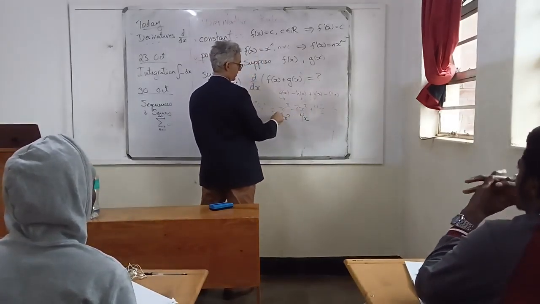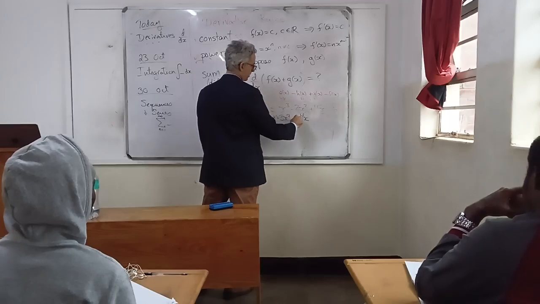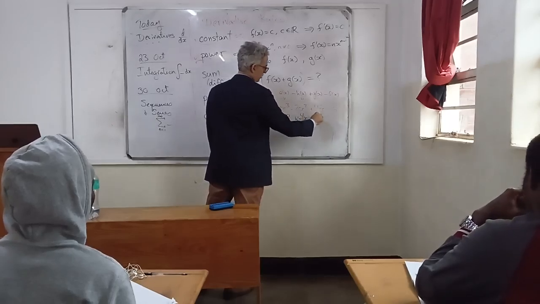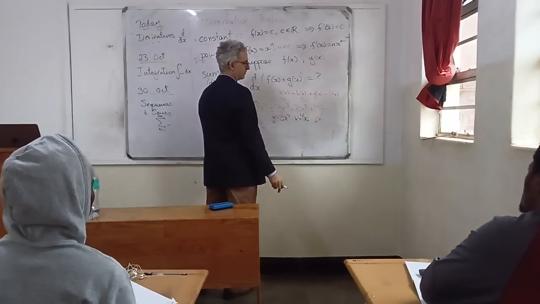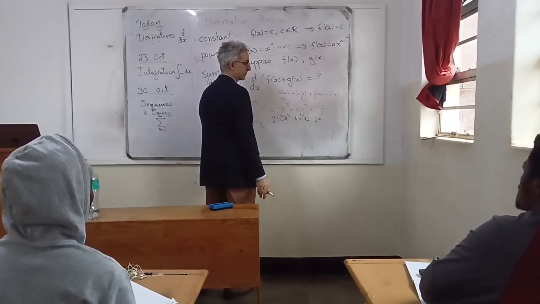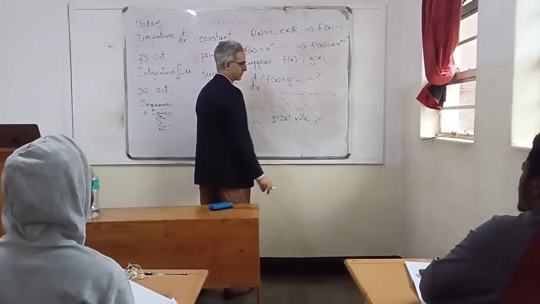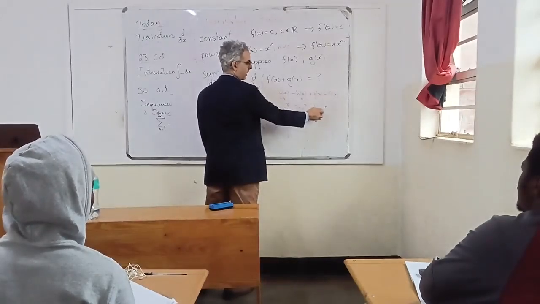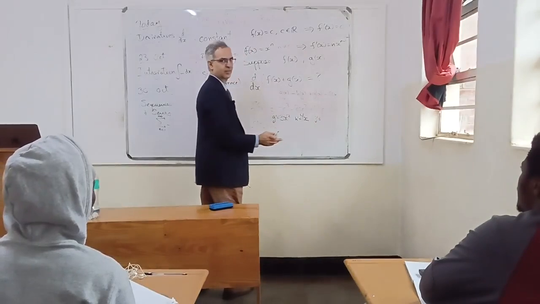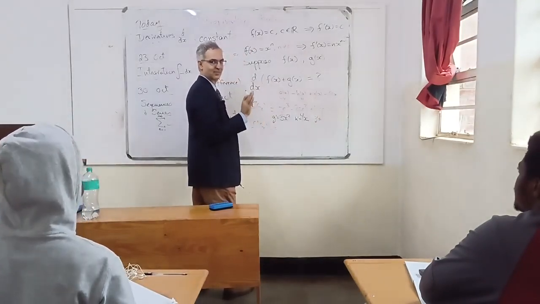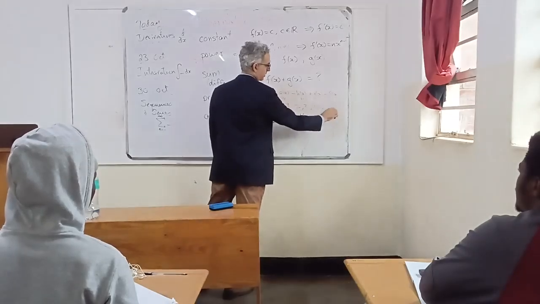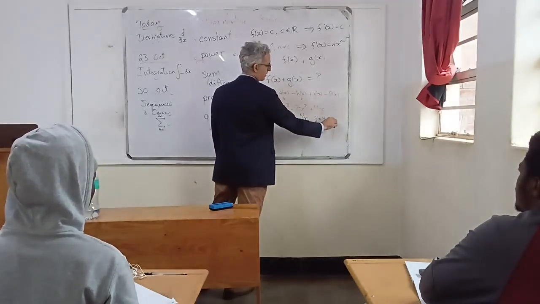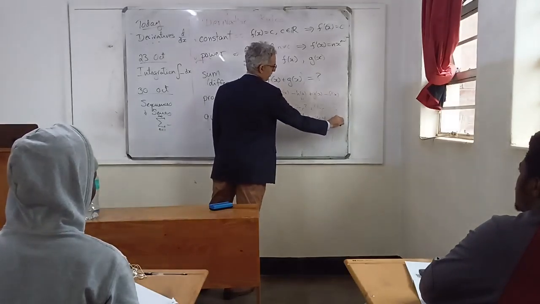These are the derivatives now: g prime, h prime, j prime. What's the derivative of 4x? What's the derivative of x? It's 1. So 4 times 1 is 4. And the derivative of 6, L prime, is 0, what we just saw.